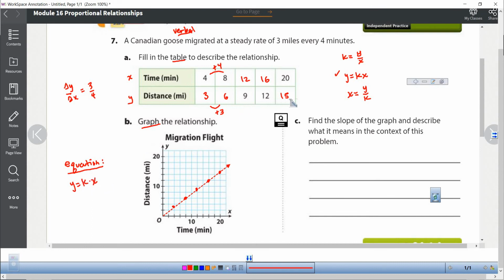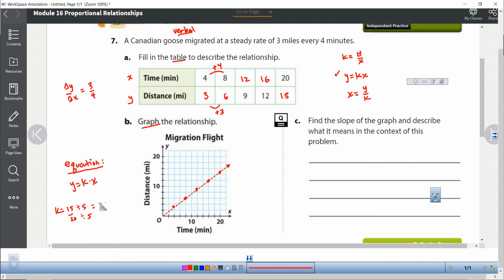Well, what is our value of k here? Our value of k is y divided by x. And when you find that value of k, if it's a proportional relationship, you can use any y over any x. Pick any of these you want. So let's just say I did 15 over 20, and then I simplify by dividing both by 5.